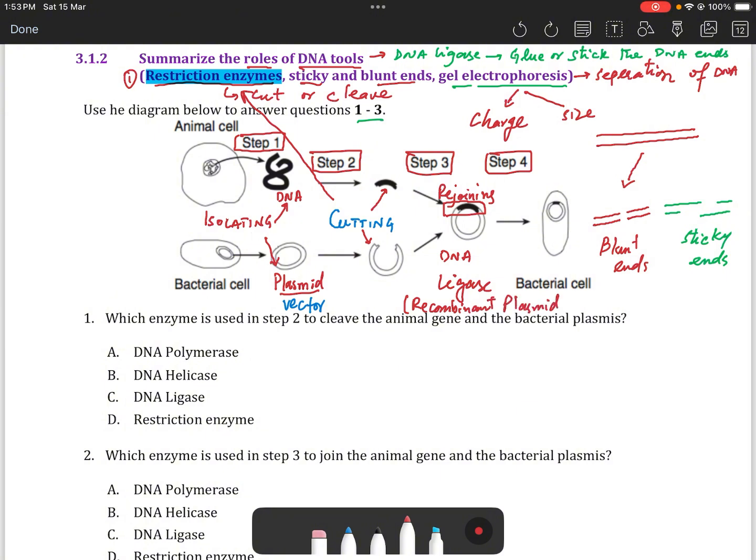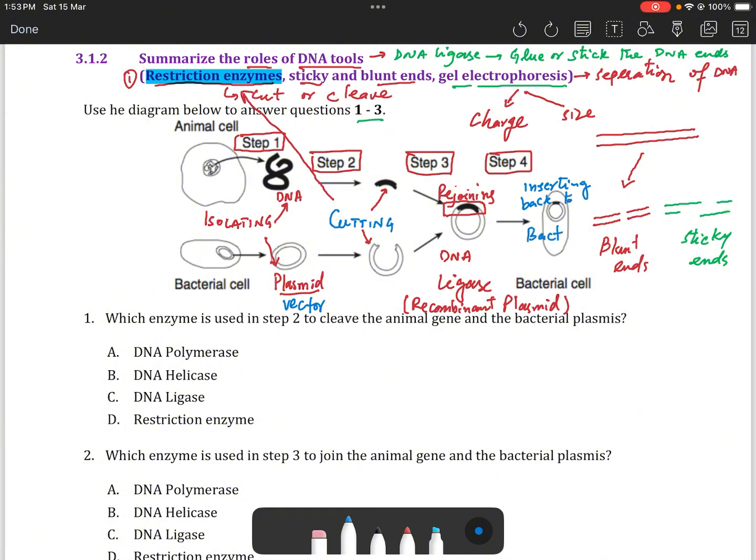And the last step is called insertion. In the insertion, you reintroduce the plasmid back into the bacteria. So inserting back to bacteria.